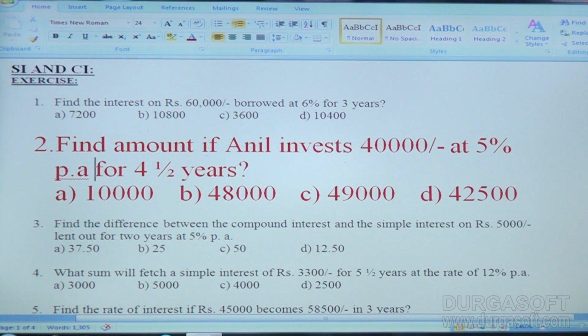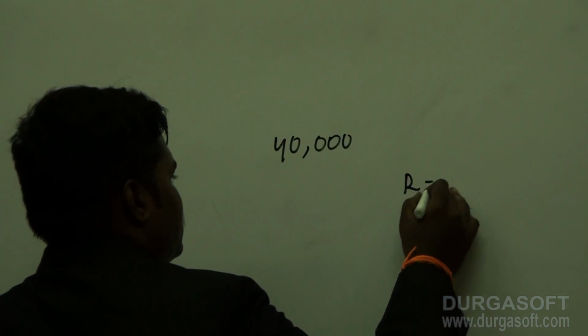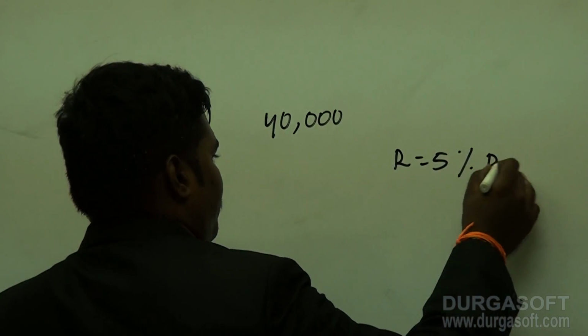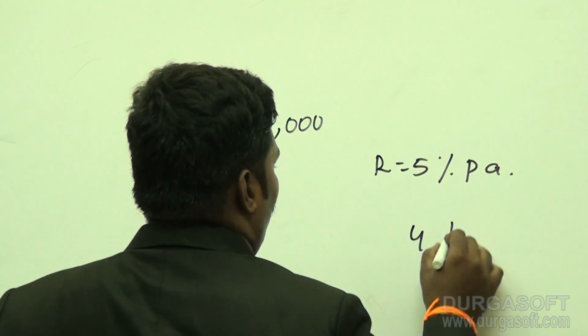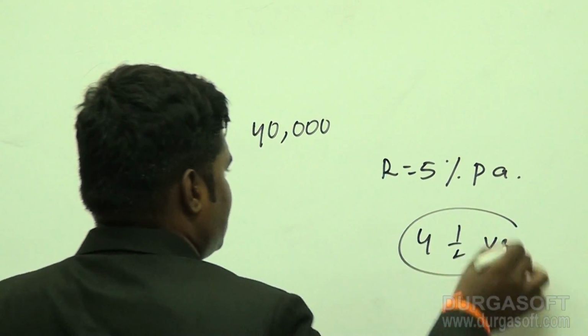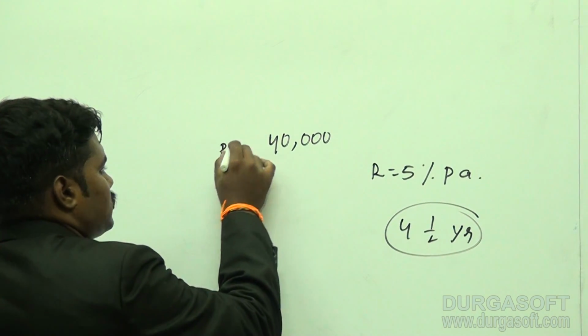In that also you can substitute and you can get the answer, or otherwise you can do one thing. For 1 year, on 40,000 rupees, the rate of interest is 5% per annum. So you have to calculate up to 4.5 years. This is the concept. Now this is the principal.